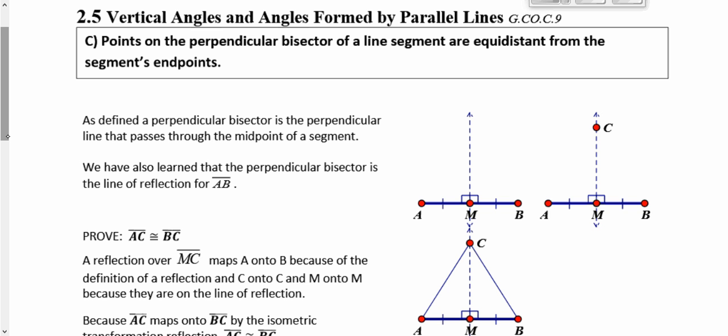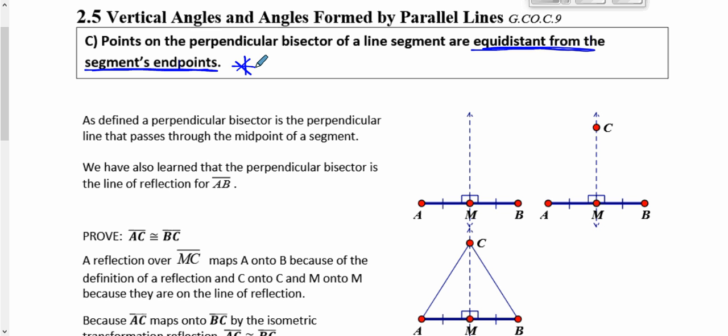So perpendicular bisector is two things. One is perpendicular, making right angles. Two, it's a bisector, right? Making two congruent segments. So this is important. Any points, all points on a perpendicular bisector of a segment are equidistant from the segment's endpoints, okay? This is important to know.